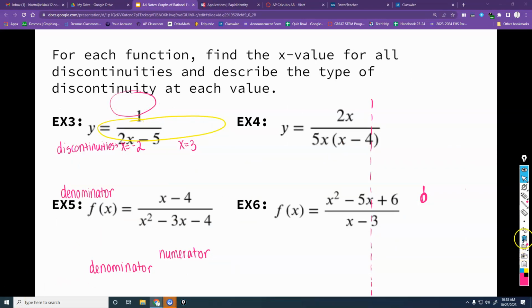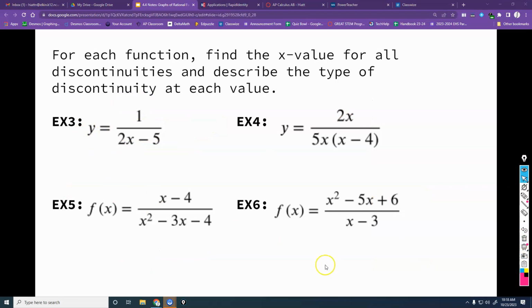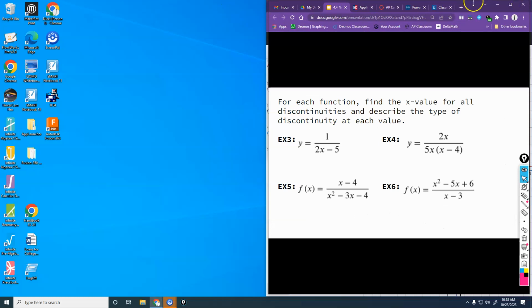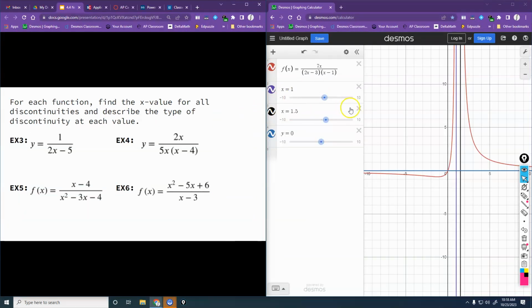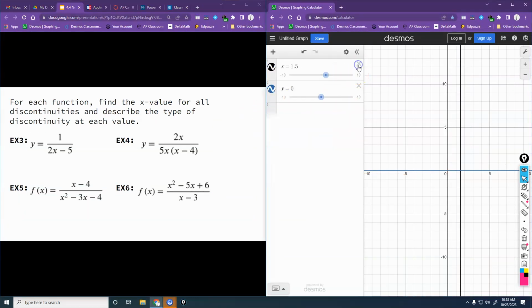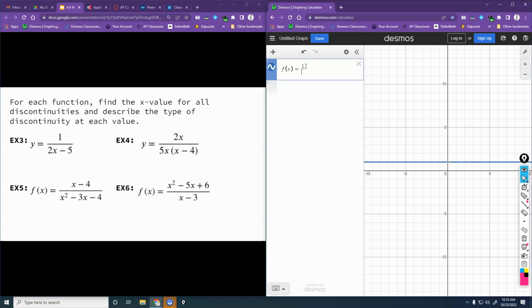All right. So for each of these, we're supposed to tell the discontinuities and describe the type. So I'm going to graph a couple of these, but not all of them. If I put this over here and I graph this first one, I've got f of x equals 1 over 2x minus 5.